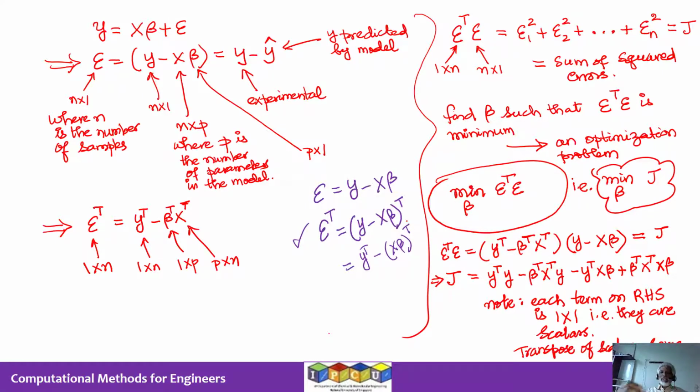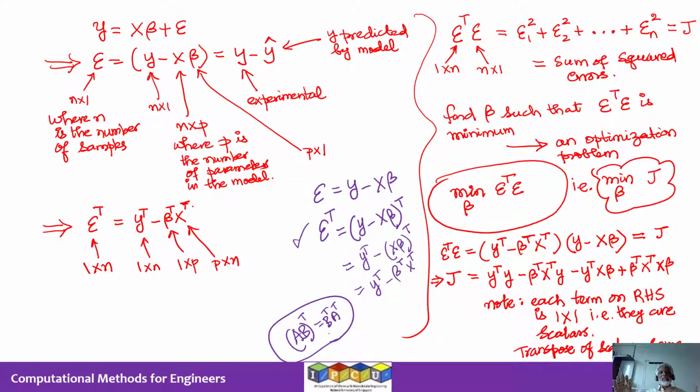And from matrix algebra, you know that (AB) transpose, where A and B are matrices, will be B transpose A transpose. Using that result, (x beta) transpose will be beta transpose x transpose. So epsilon transpose is y transpose minus beta transpose x transpose.